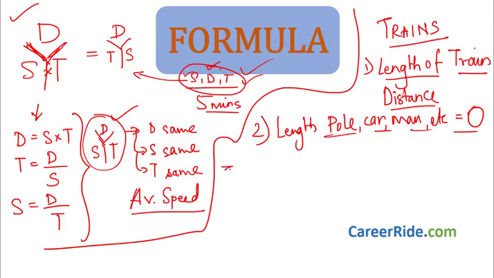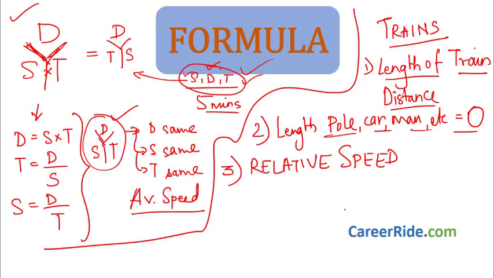And the third one is relative speed. What is the relative speed? Relative speed means speed of one object in relation to another object. Whenever, say, a train is traveling at the speed of 40 kilometers per hour, we are saying 40 kilometers per hour in relation to a stationary object, right? Someone like a person standing on a platform.